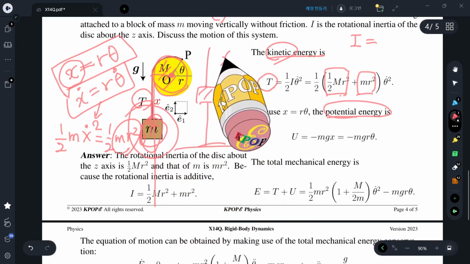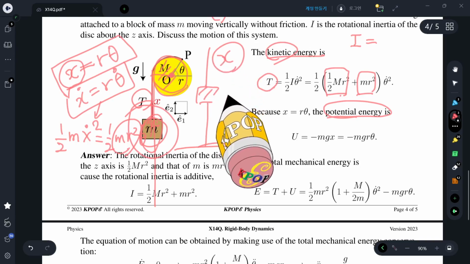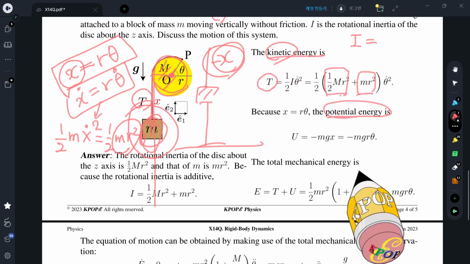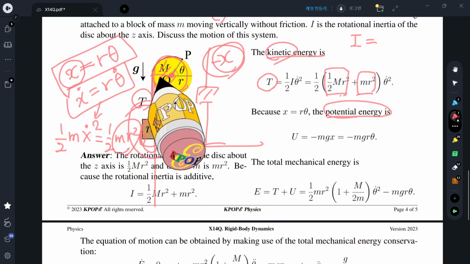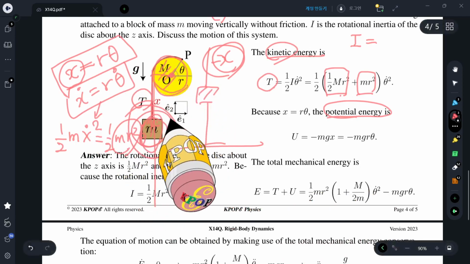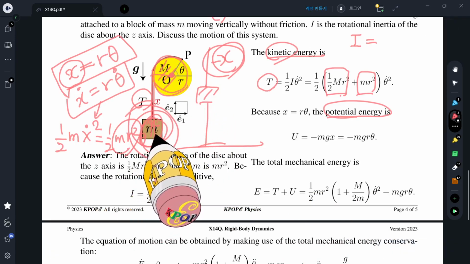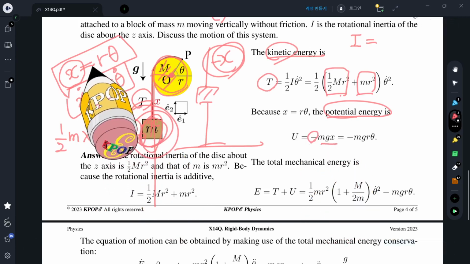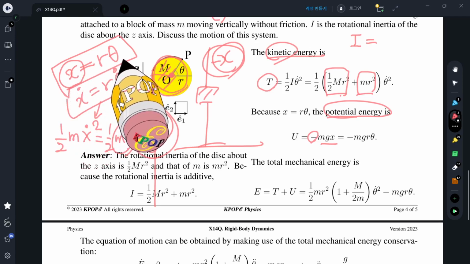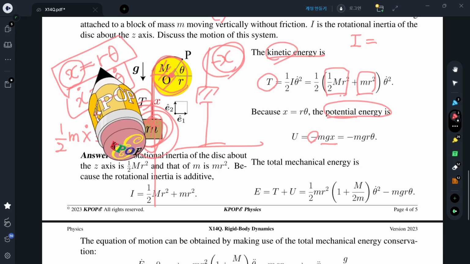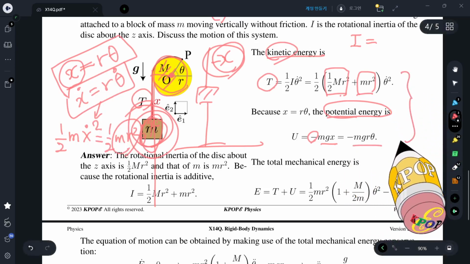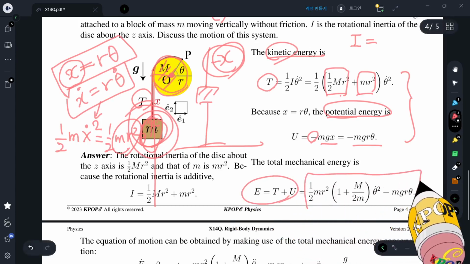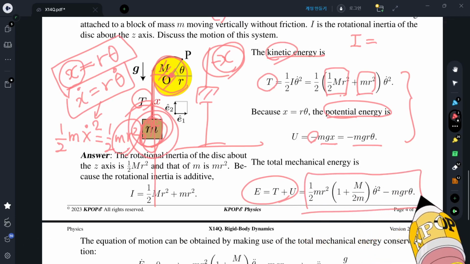Then this x is related to the height by a negative sign, neglecting the arbitrary constant. Therefore, the potential energy of the whole system is the potential energy of this block, expressed as negative mgx. Now we again substitute this identity. x is r theta. So we completed the expression for the total mechanical energy.